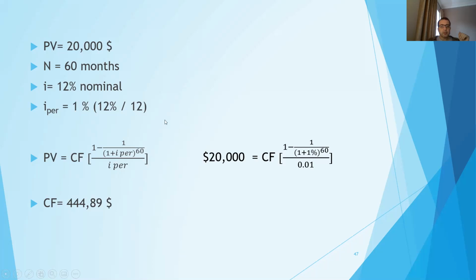When you plug the numbers into the formula, 20,000 should be equal to the monthly payment times 1 minus 1 divided by 1 plus 1% to the power of 60, over 1% (0.01). The only unknown is the cash flow, so you can easily calculate it. Each month we have to pay $444.89, right?